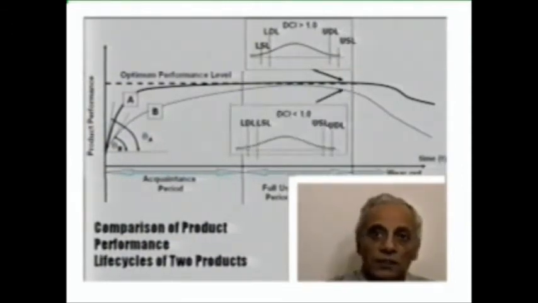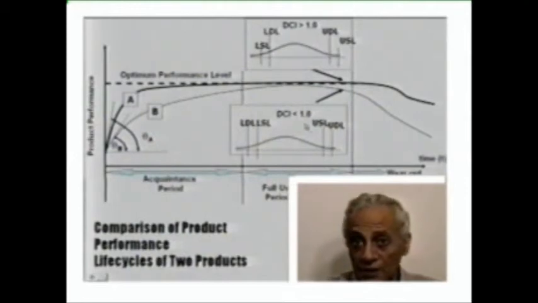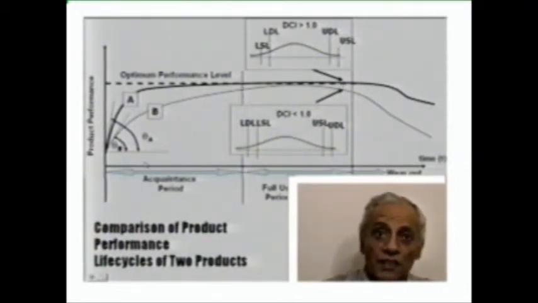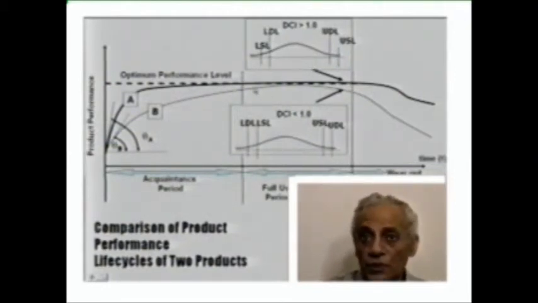So as a result, for a product that was difficult to understand in the beginning, you may have this situation here where the design capability index is less than 1, and the one at the top, the design capability index will be greater than 1 by virtue of the fact that it was easy to learn, easy to handle, no abuse there.